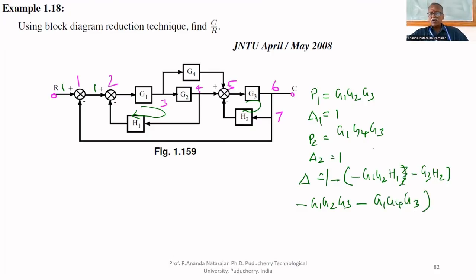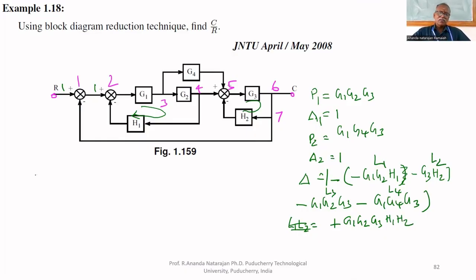Four loops are there: L1, L2, L3 and L4. Non-touching loops are L1 and L2, that is plus. These two are non-touching loops. Therefore, G1, G2, G3, H1, H2. That's all, I found the delta also.